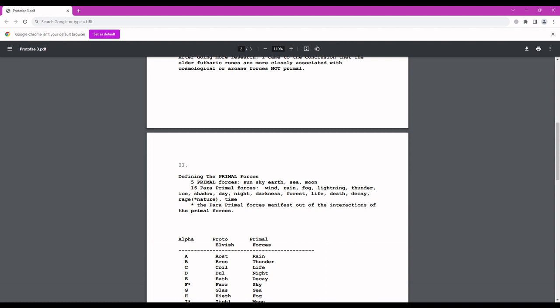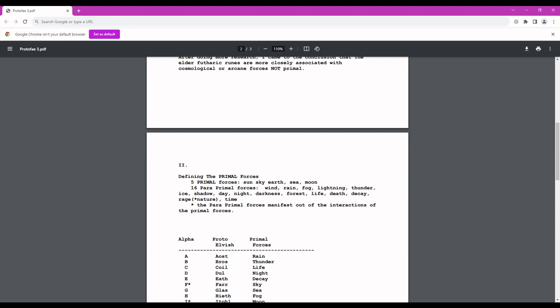I mean, it was obvious that I didn't have a good idea of what they were. So I started by defining 5 primal forces: sun, sky, earth, sea, and moon. Those are the 5 primals because that is nature. That's the primal nature that is all around us. The sun in the sky, the moon in the sky itself, the earth underneath of us, and the oceans, the seas.